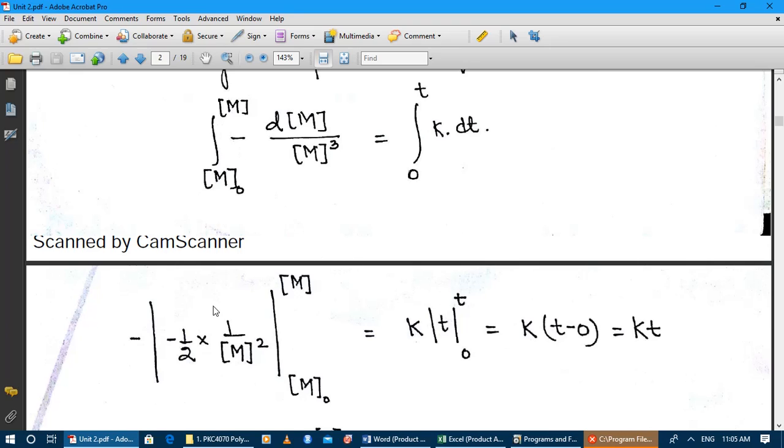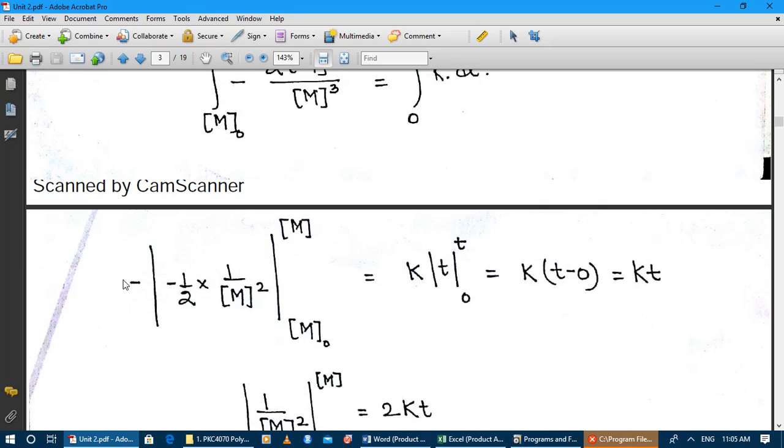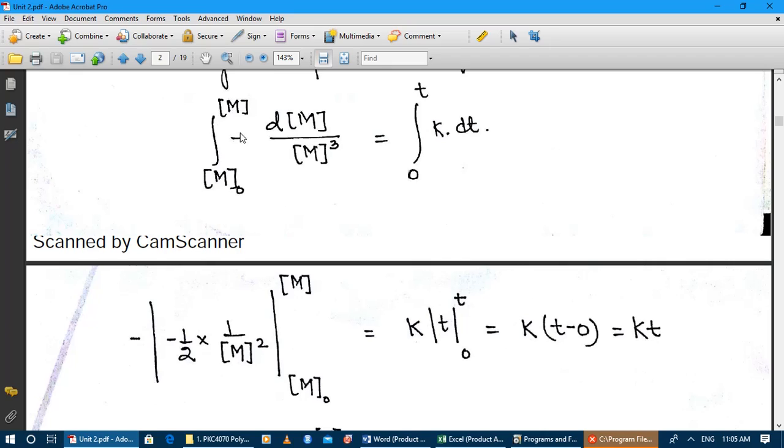By integrating it, we will get minus, this minus sign comes from the equation itself, and again minus half multiplied by 1 over M concentration square, with the limit from M naught to M. Similarly, K is constant, so KT will be integrated over T from 0 to T. So this will be KT minus 0, and 0 is 0, so nothing is changed, it's KT.